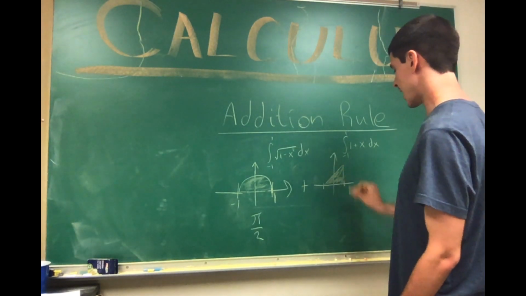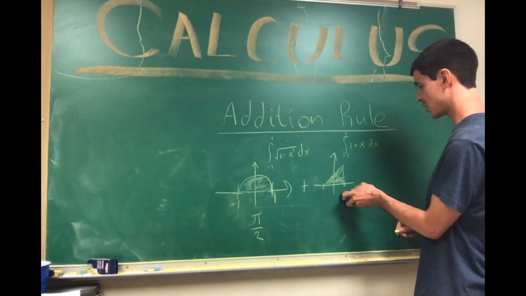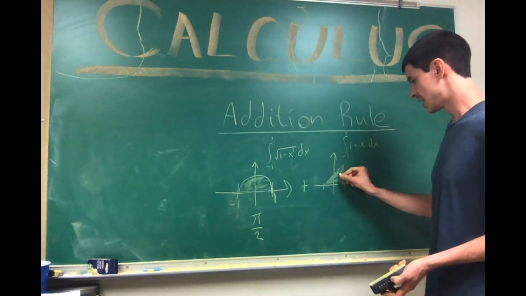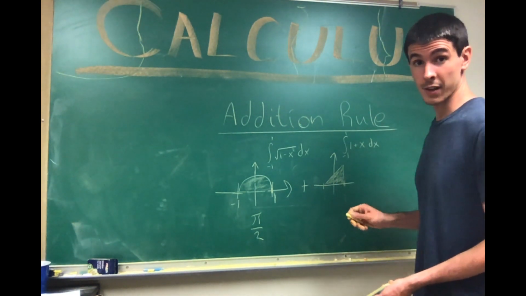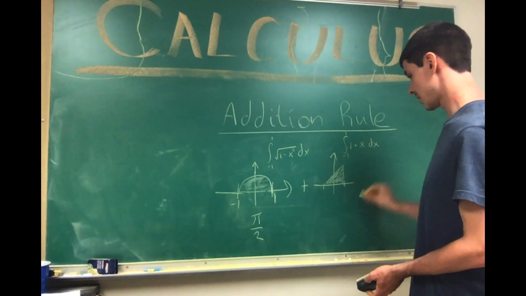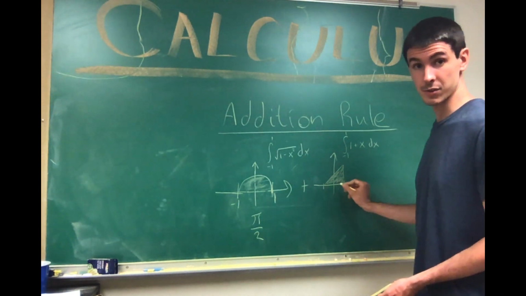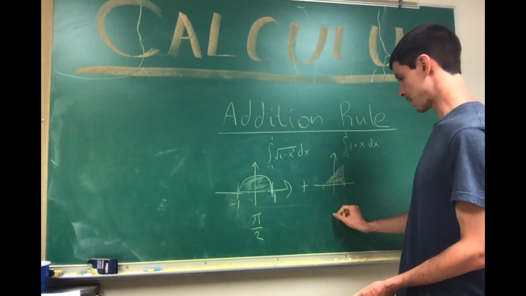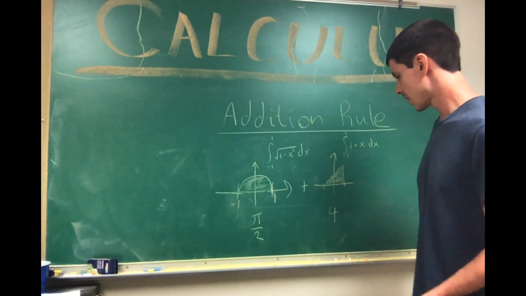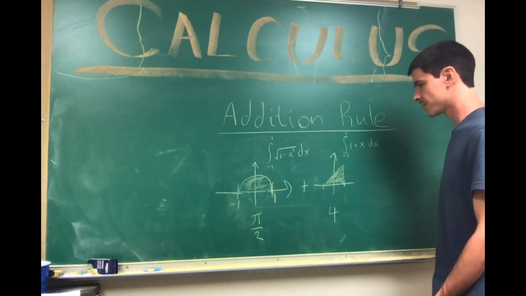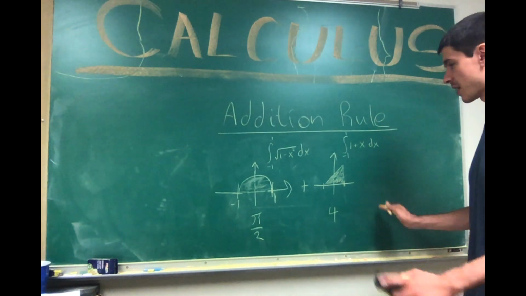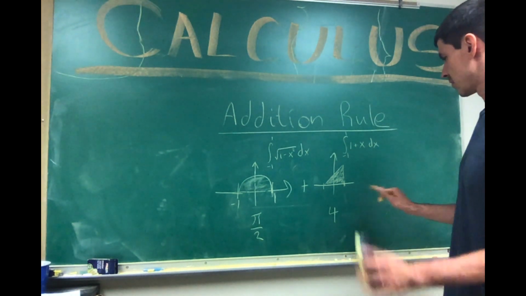This of course has base 2, height 2, so it's a triangle with area one half of 2 squared, so area 2.